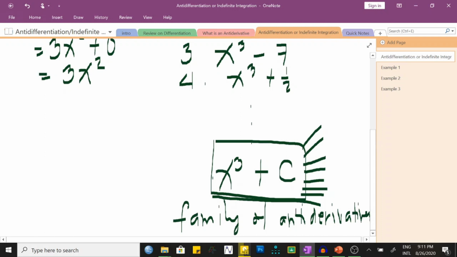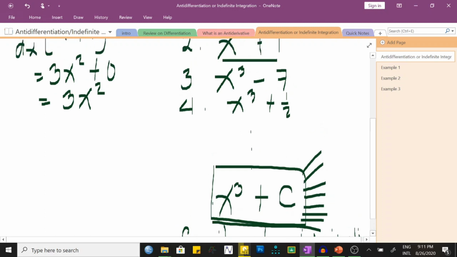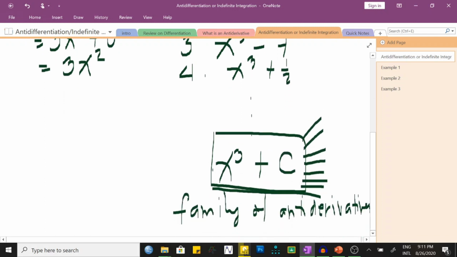And to do that, because there are infinitely many possible antiderivative, we write it in a general way. So we add plus c. C here is an arbitrary constant.